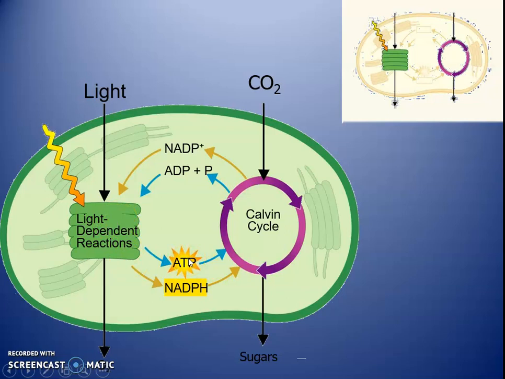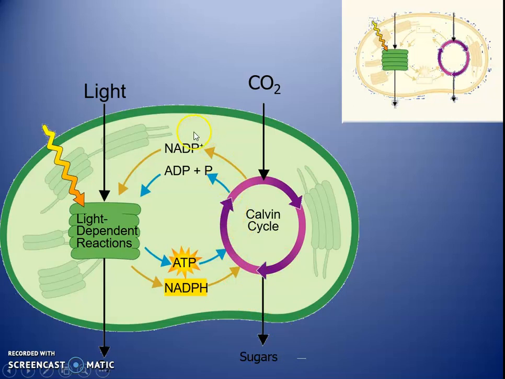Also, the electrons ultimately get passed off to an electron carrier called NADP+, and that produces NADPH. And both of these higher energy molecules are used to fuel the Calvin cycle, which is able to turn a low energy carbon compound in the form of CO2 into a high energy carbon compound in the form of glucose.